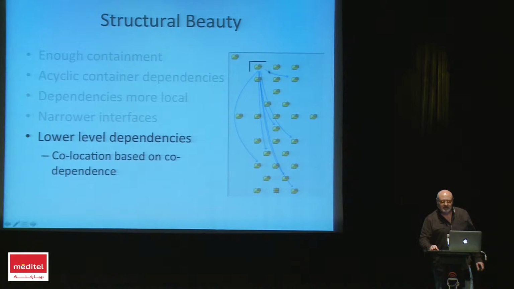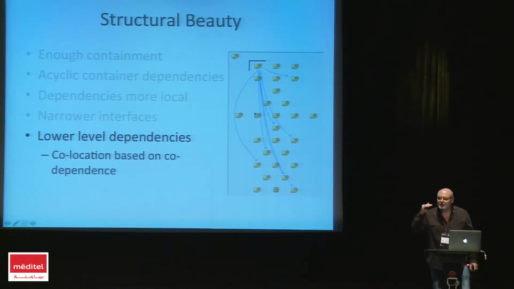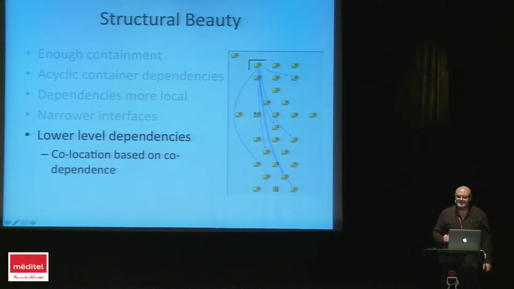If that dependency wasn't there, it would be able to sink down, lowering the CCD. Because when I'm dependent on this, that means I'm dependent on at least one thing on the next row down, and so on. It may well be, and I'll show you this later, that inside here there's just one or two things that need to use this, but actually the rest don't. Get them out of there and let that sink down to its natural level.